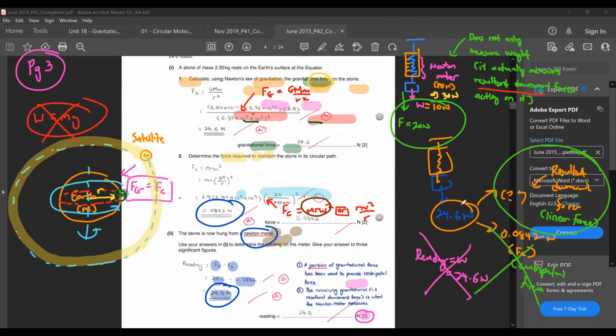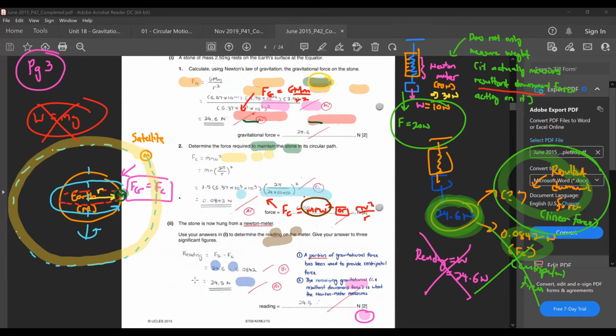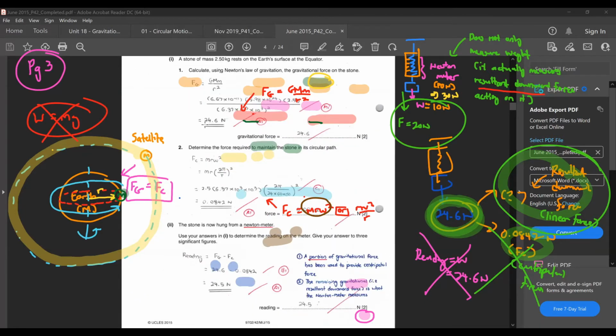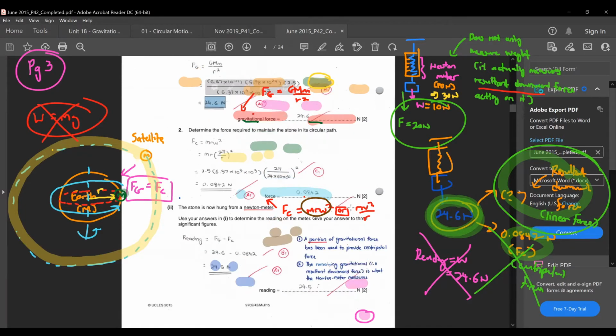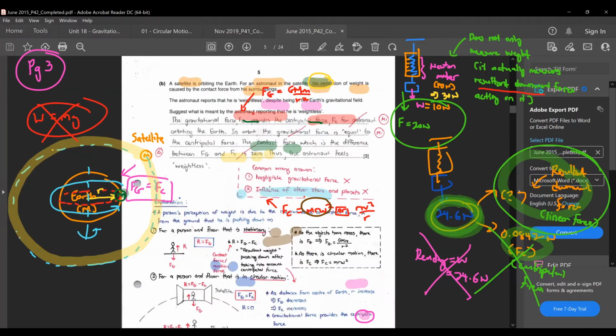So originally you had this force acting down towards the earth, but a portion actually went into centripetal force. And then the other balance is your remaining resultant force. That's what your Newton meter is actually measuring. So that's the best I can explain from here. We cannot just say that it is equal to 24.6. There is a hidden understanding here that you need to realize. Okay, so that one is okay.